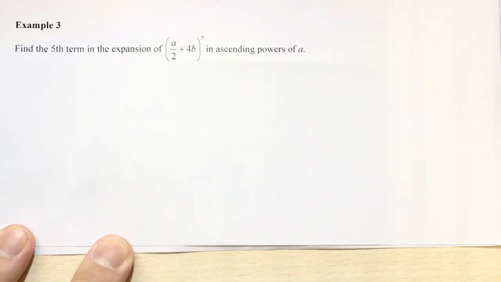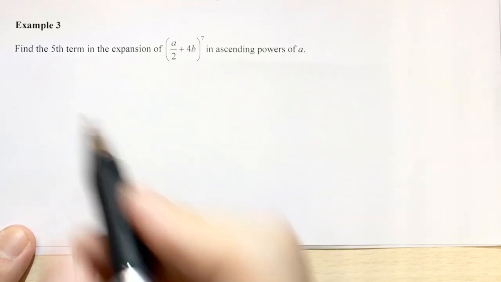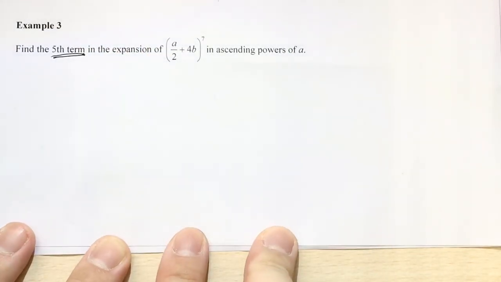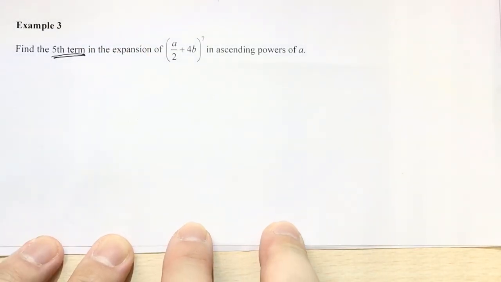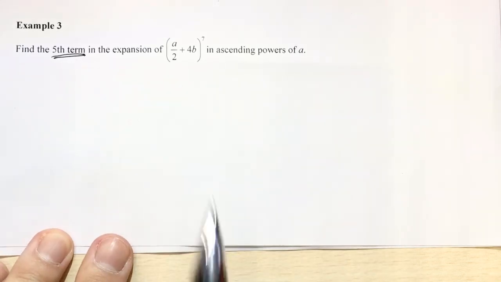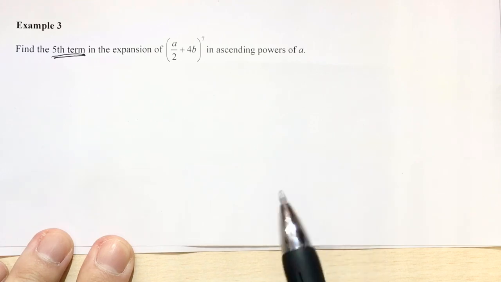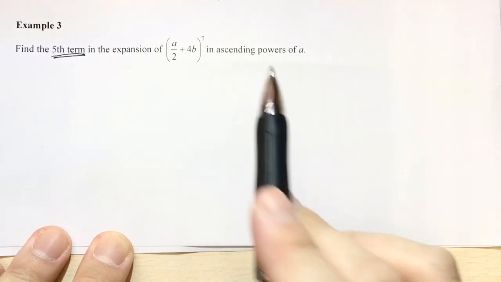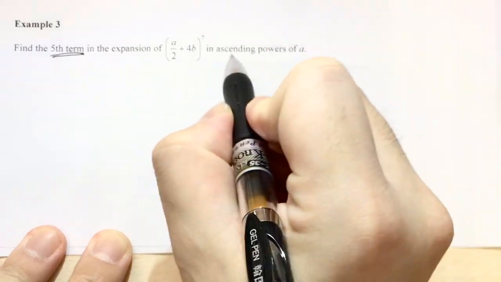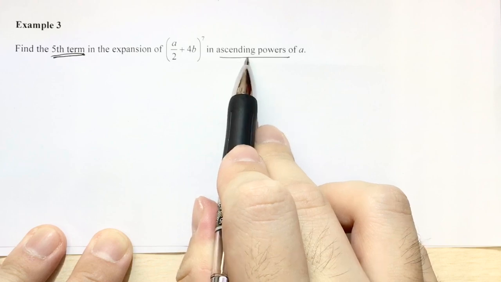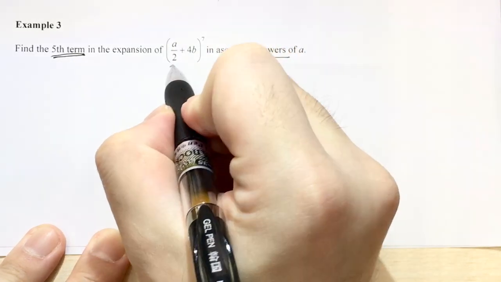It requires you to apply the general term here because there is a particular term here. And the fifth term in the expansion in ascending power of a, so you need to know that you have to arrange the terms in ascending power inside the bracket.